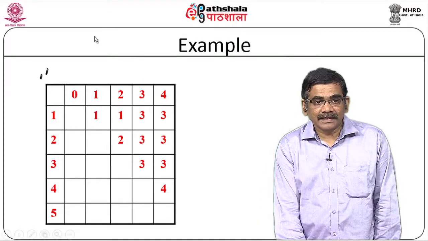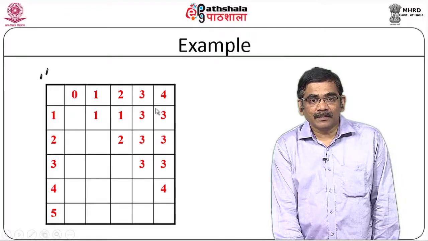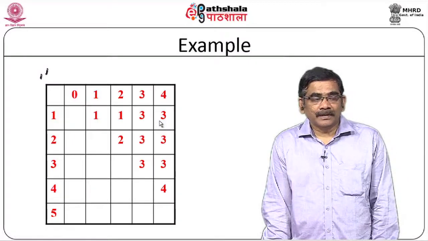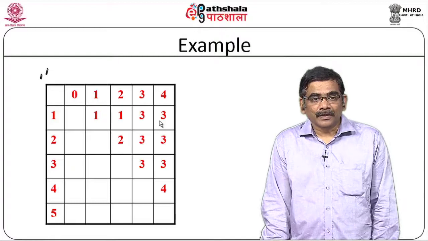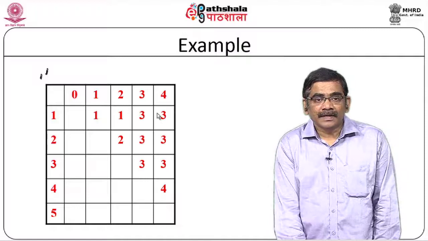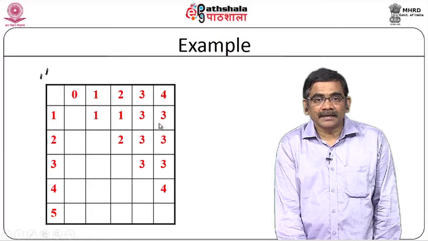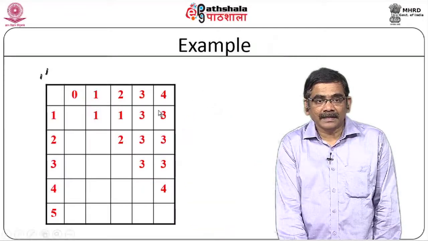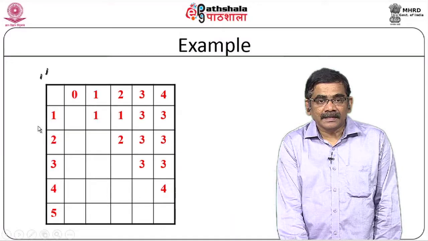Now using this we can easily find out how the tree is going to look. You can see that 1 comma 4 is going to be 3. That means A 3 is going to be your root node. Then 1 comma 2 is going to be 2.